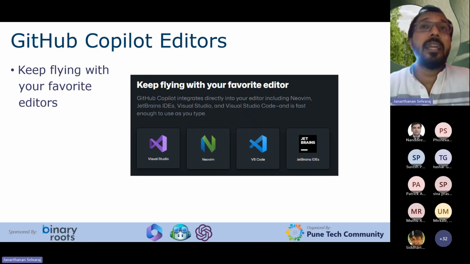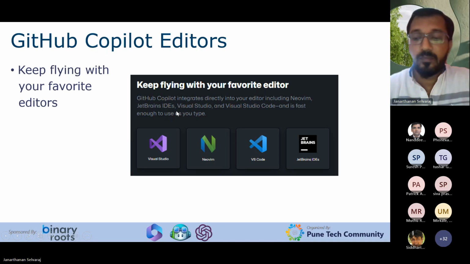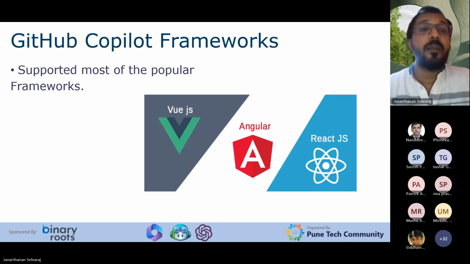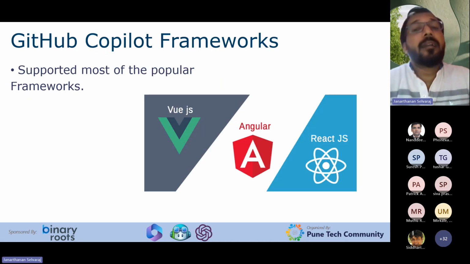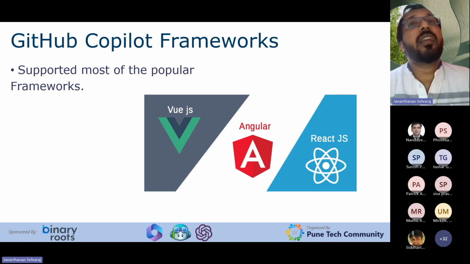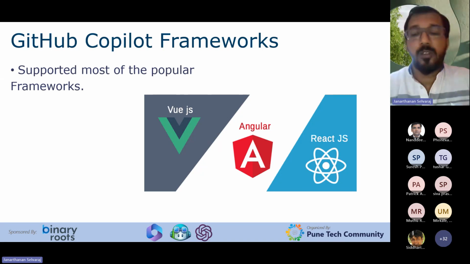Editors like Visual Studio Code, Visual Studio, JetBrains, as well as IntelliJ and NeoVim are supported GitHub Copilot editors. Popular frameworks like AngularJS, React.js, and Vue.js are also supported by GitHub Copilot.